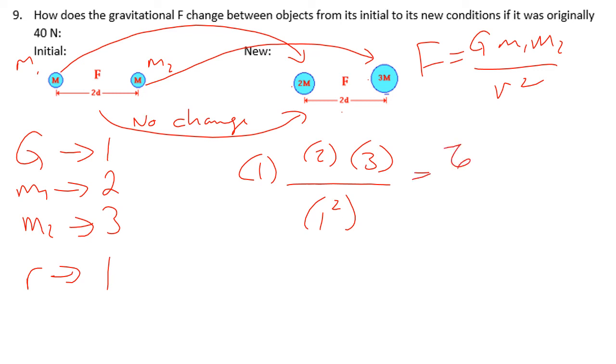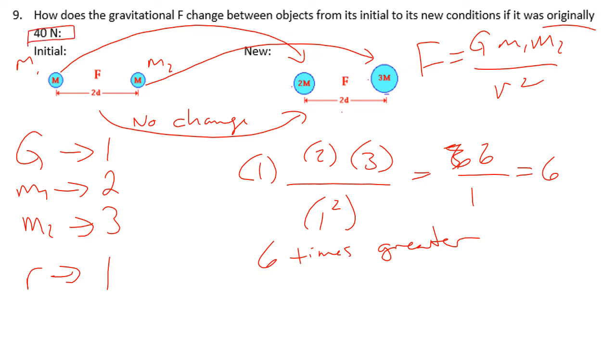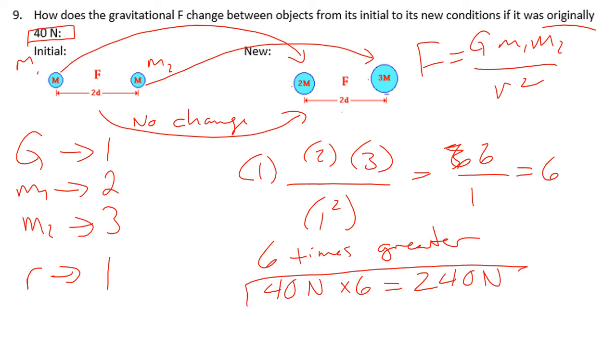We'll get 6 over 1, which is 6. That means the force is 6 times greater. Taking that, we're going to multiply it by the original 40 Newton force. So 40 newtons is the original force. It's now 6 times greater, which is going to end up with 240 newtons.